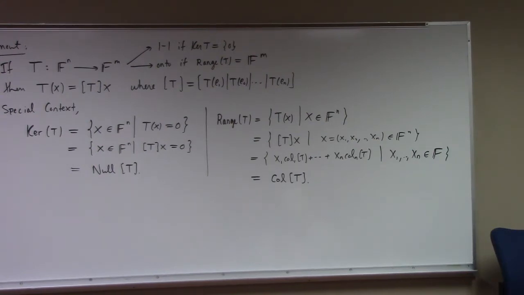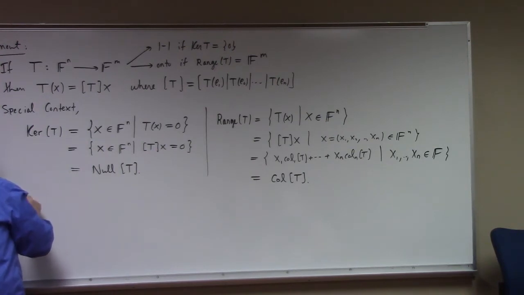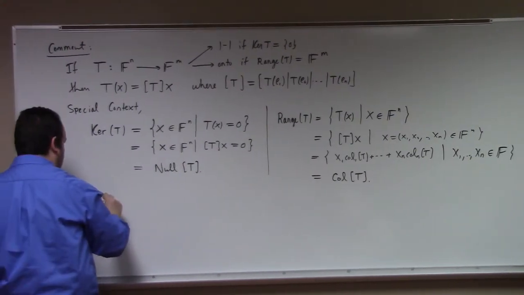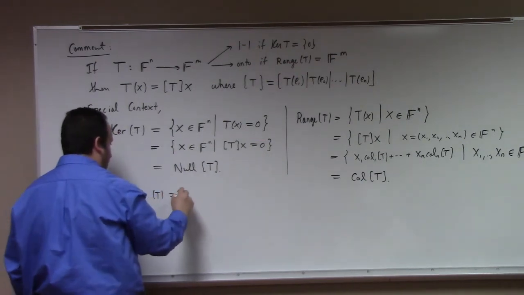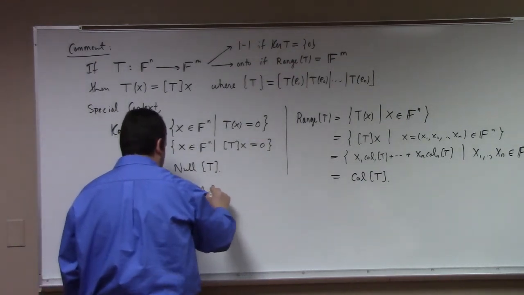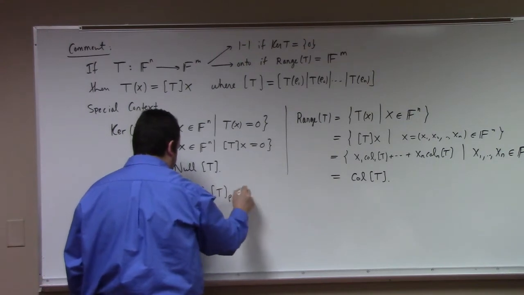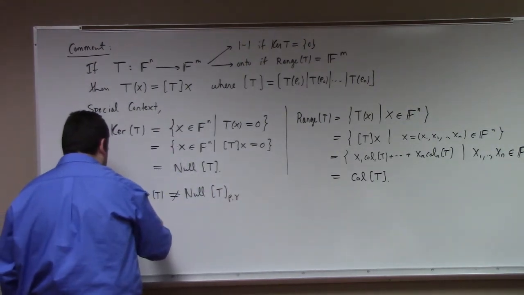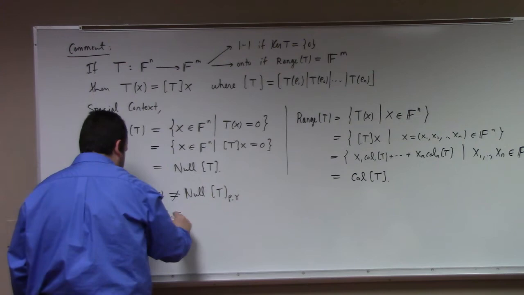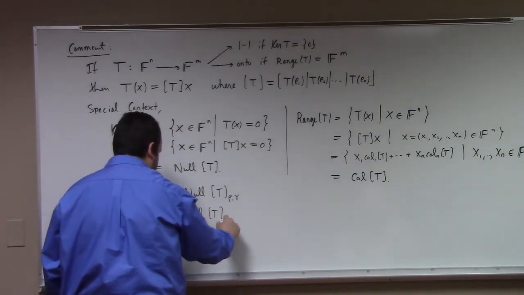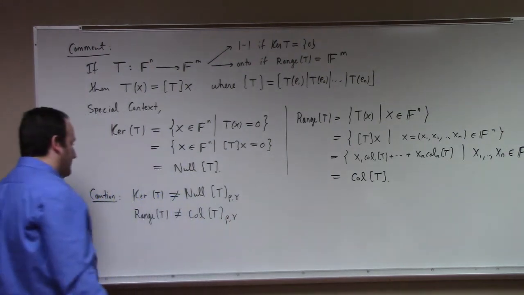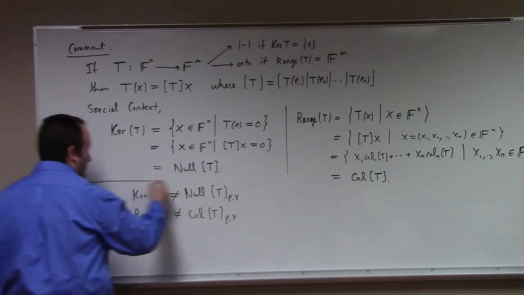So here's a caution. The kernel of T is possibly not equal to the null space of the matrix of T beta gamma. And the range of T is possibly not equal to the column space of T beta gamma. So new context, okay?